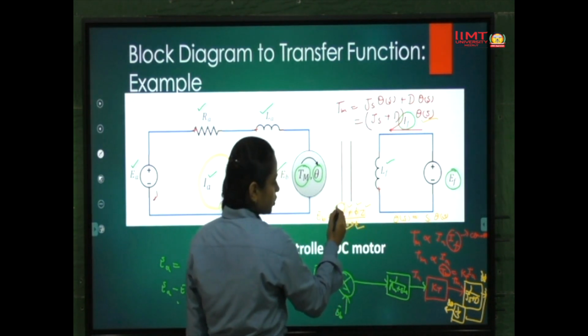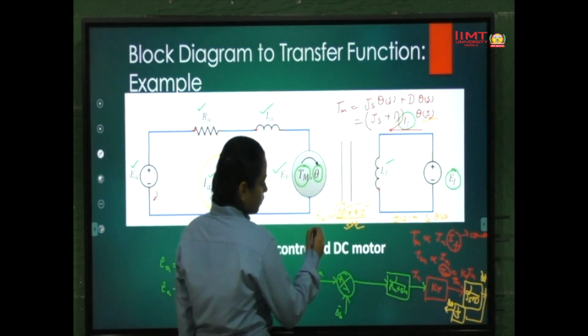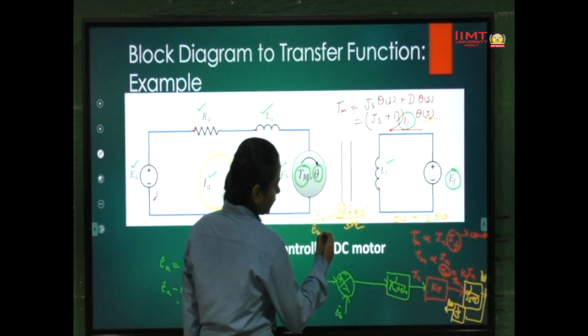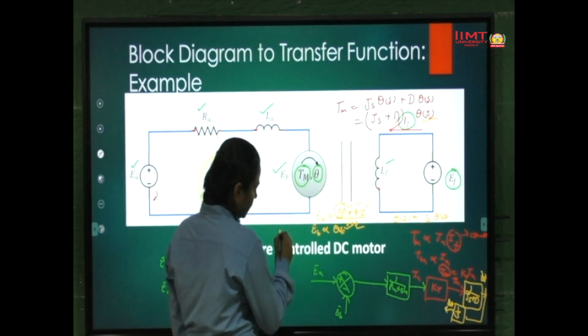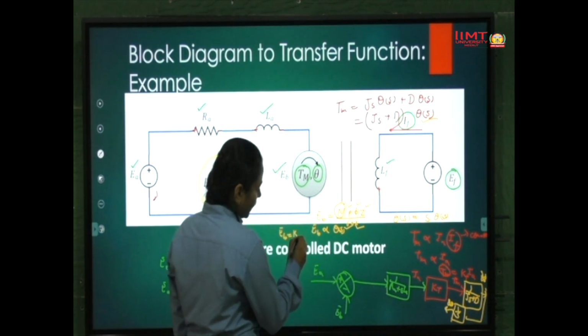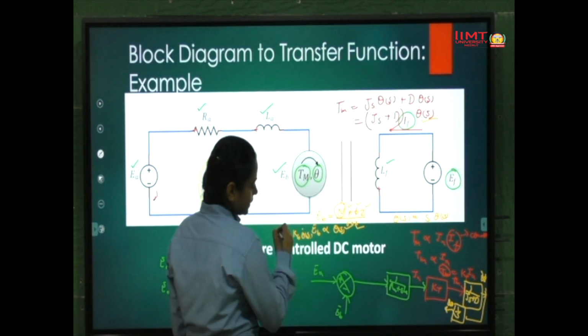So EB is directly proportional to the speed N, which here is theta dot S, or EB is equal to KB theta dot S.